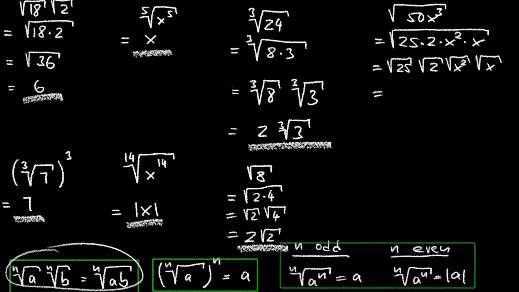The square root of 25 is 5 and the square root of x squared is x. So we get 5x. 2 and x does not make a perfect square, so we leave them as the square root of 2 and the square root of x.